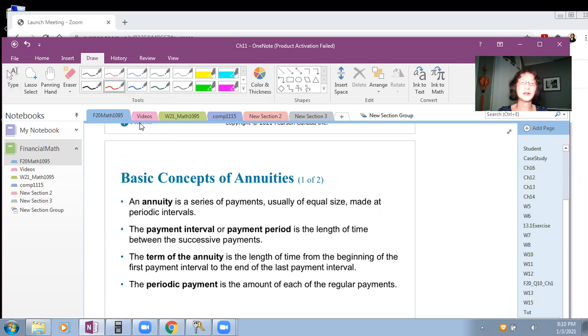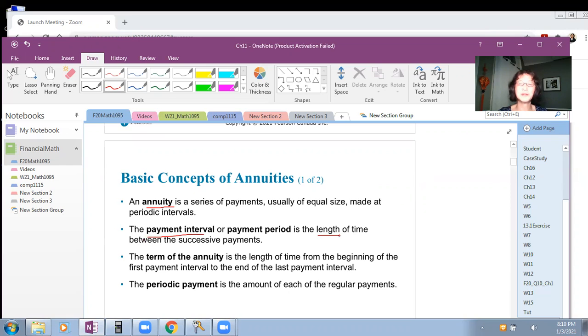So we already know annuity is a series of payments. Usually it is equal size every month, every quarter, every half year, or every year. The payment interval is the length of time between the successive payments.